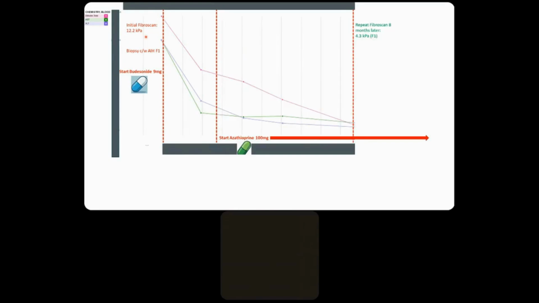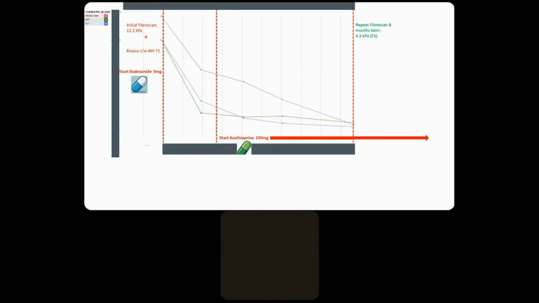So following the biopsy, the patient was started on immunosuppression in the form of budesonide. And as you can see here, the patient's autoimmune hepatitis responded biochemically to the budesonide, and the patient was subsequently started on azathioprine.